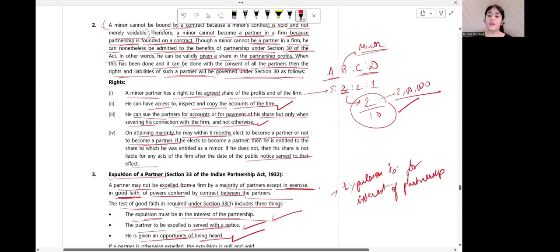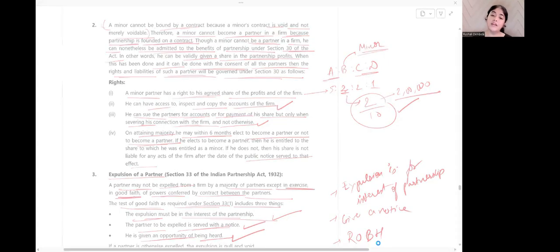Your second point is that the partner is given a notice and a reasonable opportunity of being heard. You will see in your further inter and final classes, they will tell you ROBH, reasonable opportunity of being heard. You have to give them an opportunity of being heard.